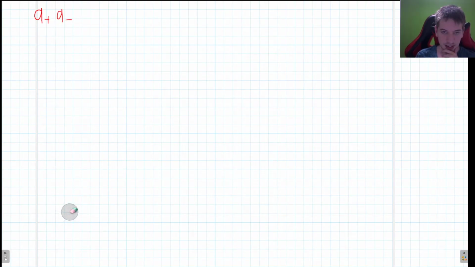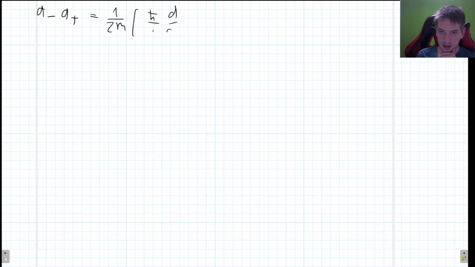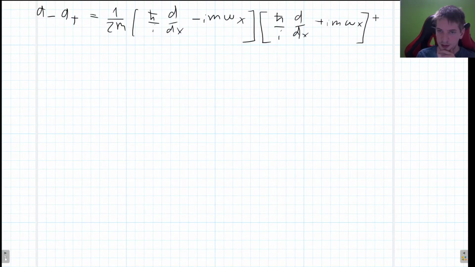Let us now take a look at A minus times A plus, which basically just means 1 divided by 2m, h bar over i d by dx, minus, because this time the minus goes first, i m omega x, and now the same but with a plus sign, and all of this acting on psi.